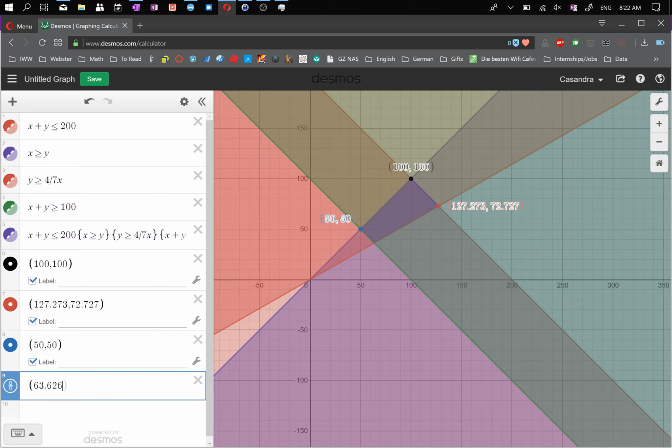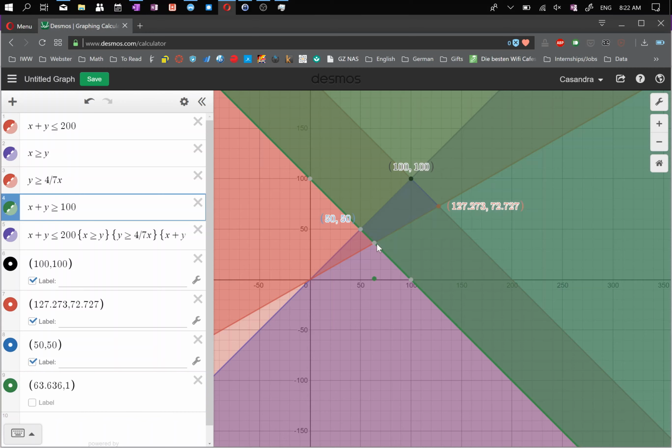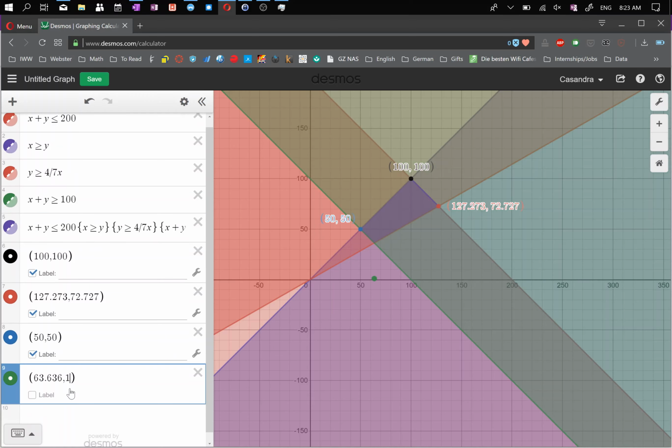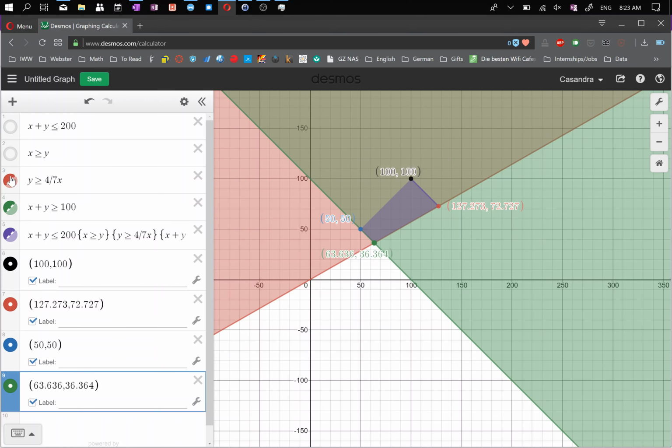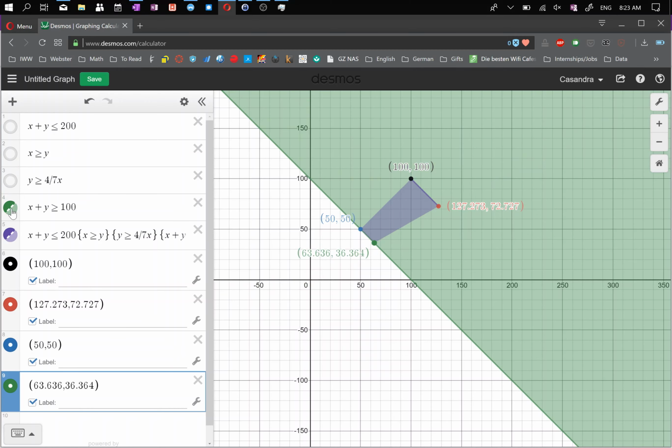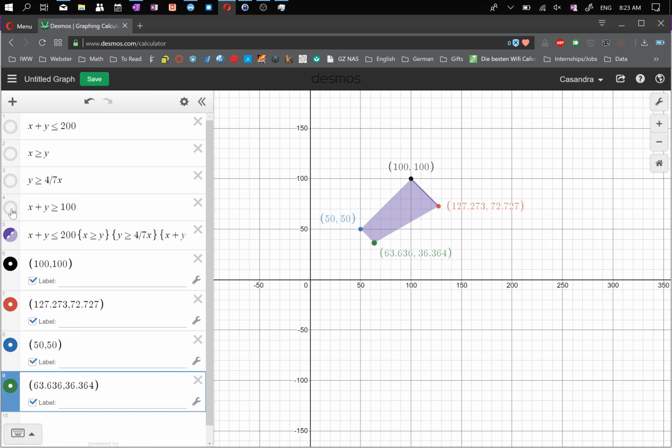Again, just a placeholder, because if I don't, then it's going to do weird things. 3-6, 3-6, 4. Great, and label. So now that I have my corners, to make my life less confusing, I'm going to get rid of these. So I just show that, and I have my 4 corners.